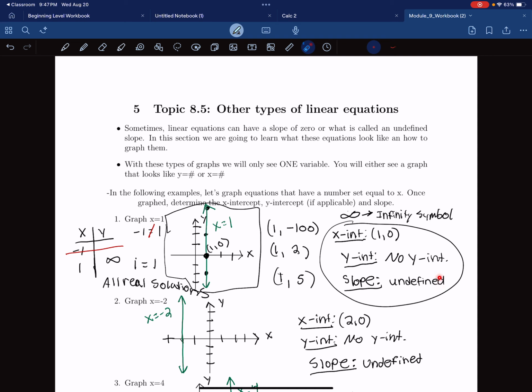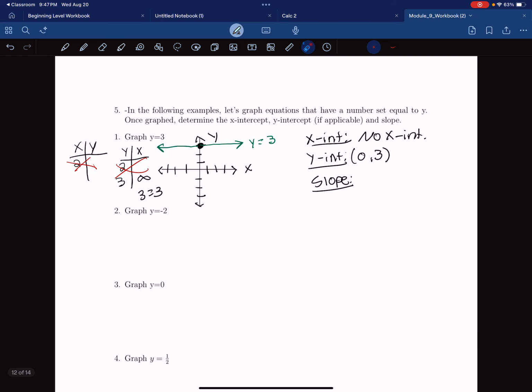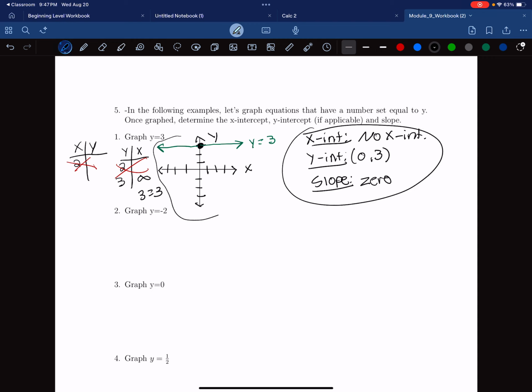We've seen that for x equals some number, the slope is undefined. But for this one, whenever we have y equals some number, our slope is going to be 0. So this is going to be our final answer for this question.